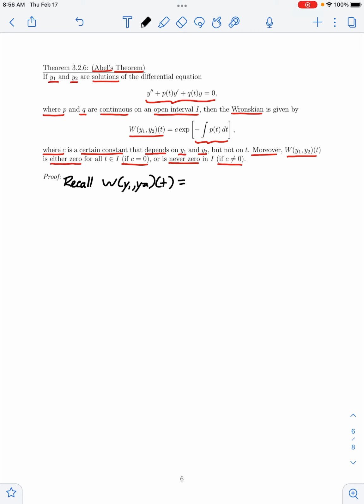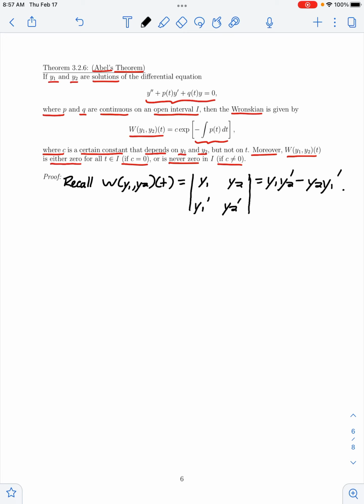So we saw it is given by the determinant of the 2 by 2 matrix, where our first row of this matrix is the functions y1 and y2, and our second row would be the derivatives of those functions, y1 prime and y2 prime. So taking this determinant, we have y1 times y2 prime minus y2 times y1 prime.